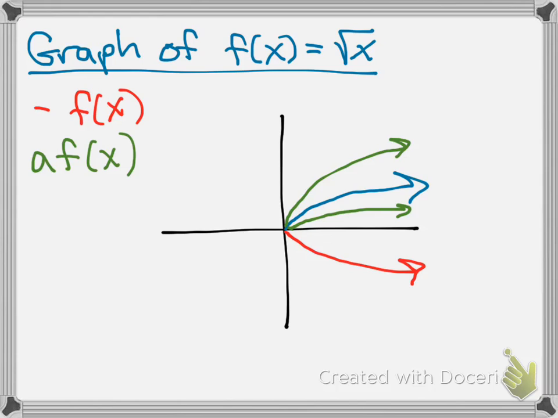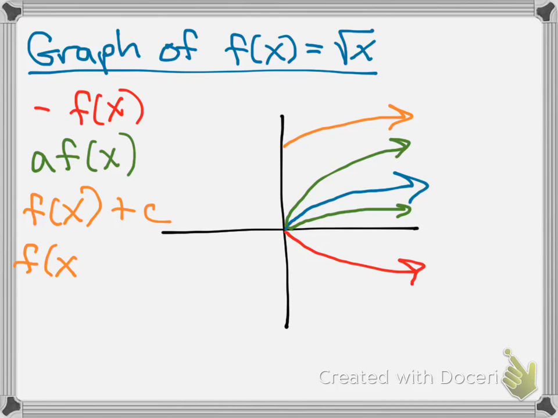Another type of transformation that we've already talked about is a shift. So that would mean that we are taking our original parent function f of x, and perhaps if it was a vertical shift, we would be adding a constant on. So that would look something like this. Or perhaps we are shifting our function from left to right.